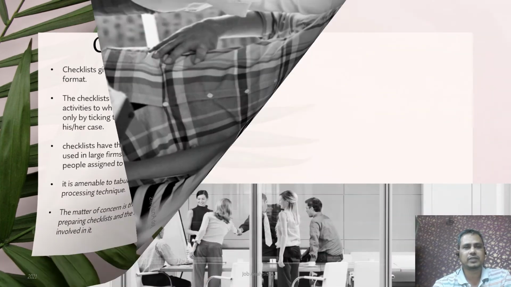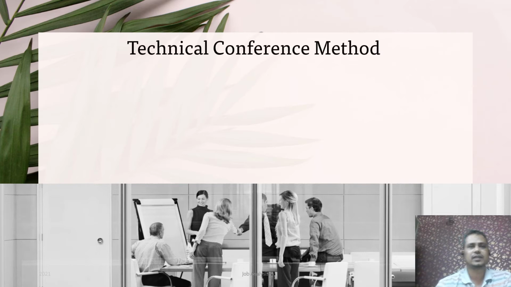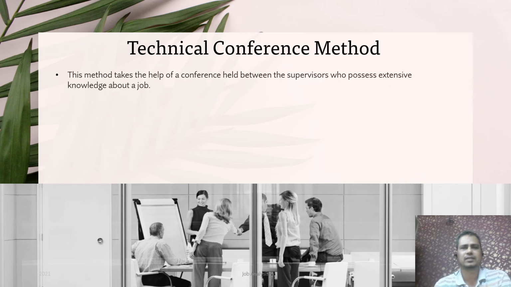Then the other method we see is the conference method. Now, what happens is that you ask a number of experts or supervisors. That means if you are analyzing a particular job, you call upon the superiors of that job, along with the experts who can talk about that job.